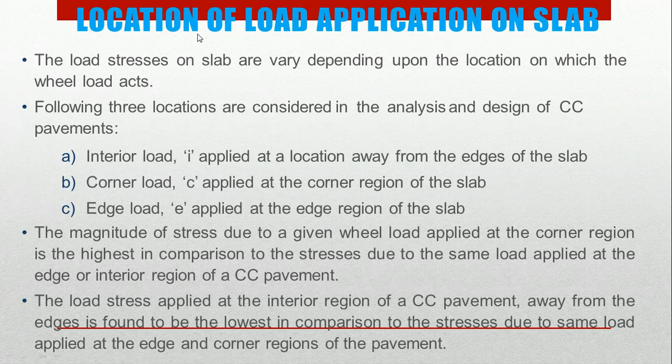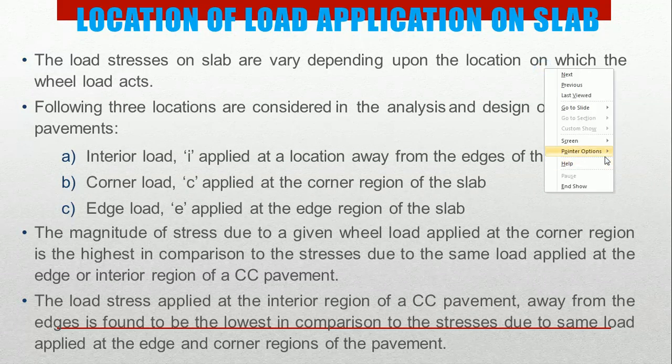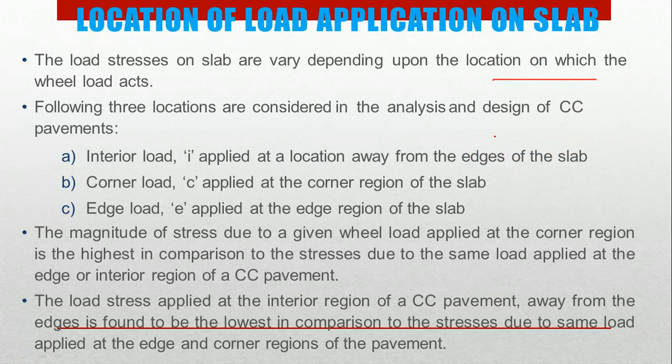Then another important parameter is where the wheel load is acting, meaning the location of load application on the slab. If you have the width of the road, where is the load exactly acting? If it is a carriageway, are the vehicles moving at the center, at the edges, or at the corners?